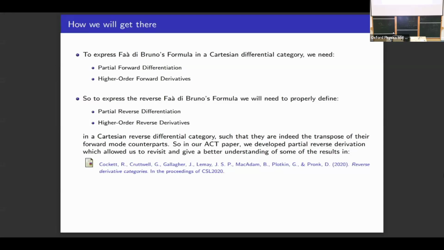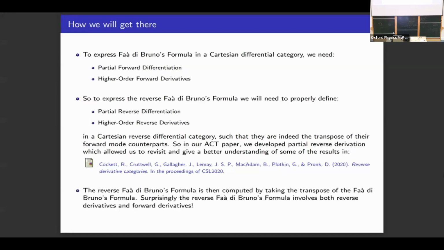Aaron and I developed that in our ACT paper this year. What's been quite interesting is that partial reverse differentiation has allowed us to revisit some of the main results in our first introduction paper and give another perspective on some of those key results.